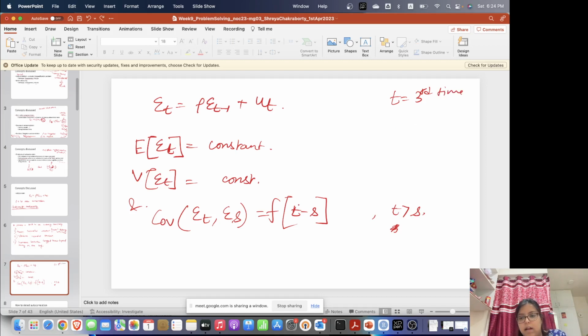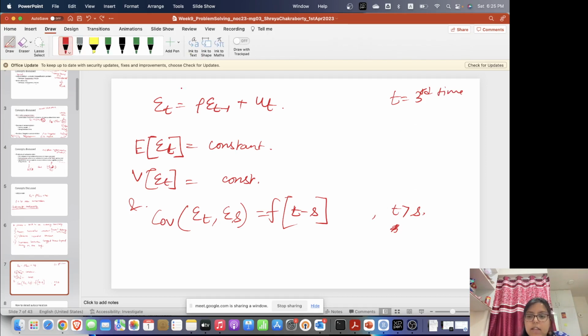To be very correct, I should write t not equal to s, and this should be some function of the lag only.